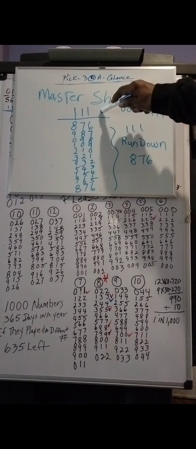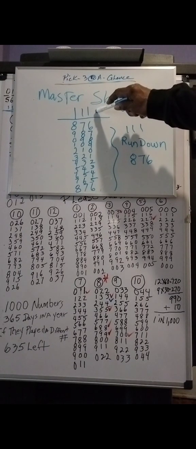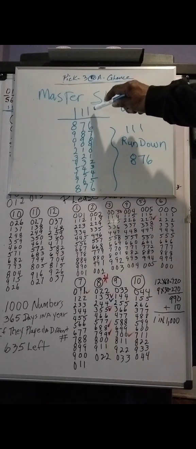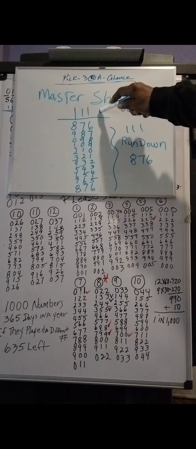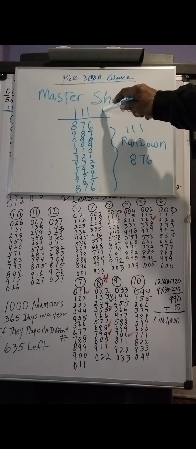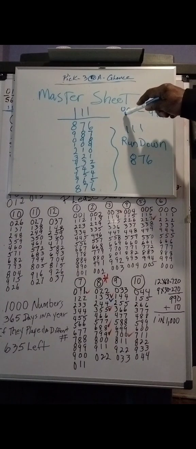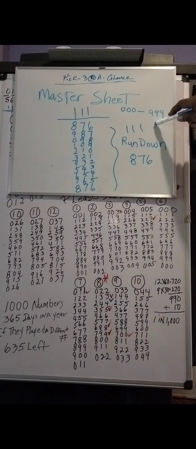And with these rundowns, like this 1-1-1 rundown, you can use any number here as an algorithm number, you would say, or a strategy to try to figure out what number is going to come in the next day, between 000s and 999.